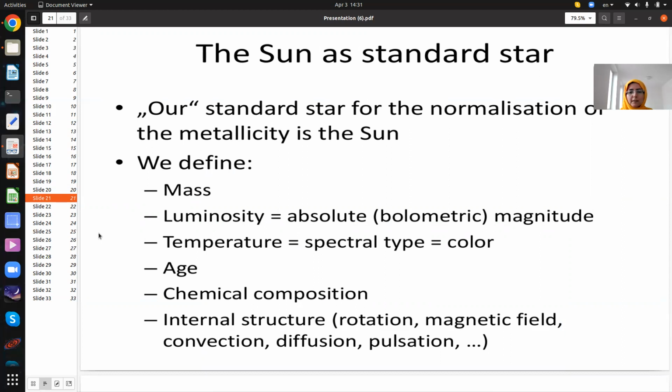We define mass, luminosity, absolute bolometric magnitude, temperature, spectral type, color, age, chemical composition, internal structure, rotation, magnetic field, convection, diffusion, pulsation.